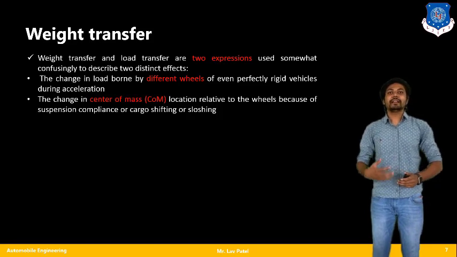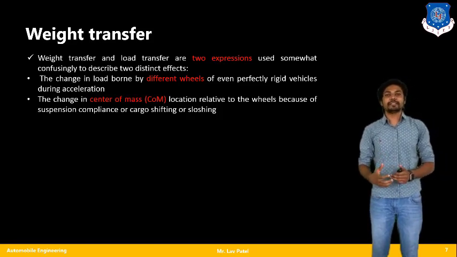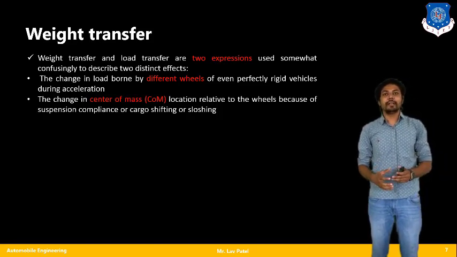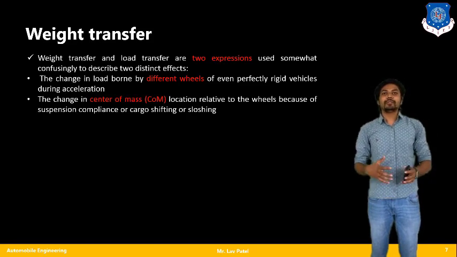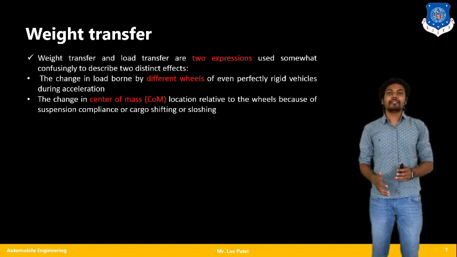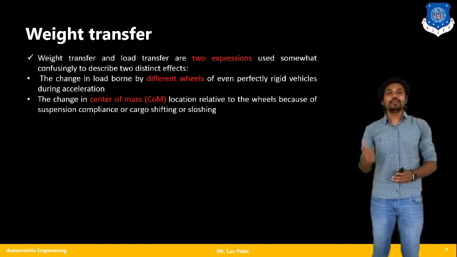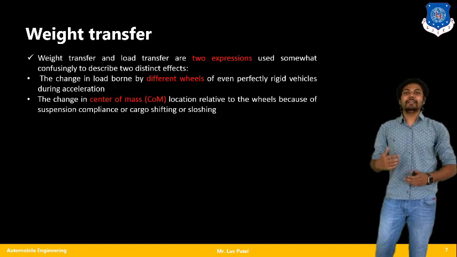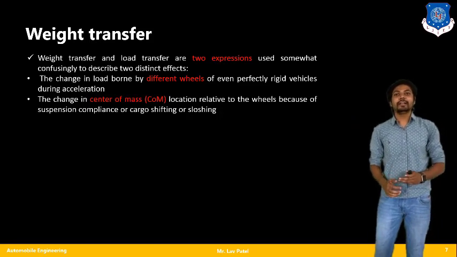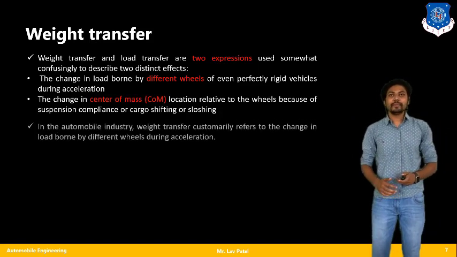So it is overall the mass, not just the center of gravity. If due to the unsprung mass the overall center of mass shifts, these two conditions we can call weight transfer.